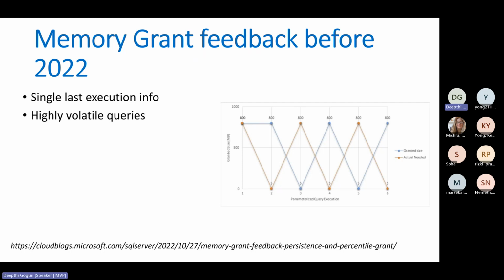So that's not ideal here because the feedback goes back and forth, back and forth. It can't even out because it is only depending upon the last single execution. So that has actually caused the problem, and because of so many fluctuations, the memory grant feedback will be turned off on that particular query.